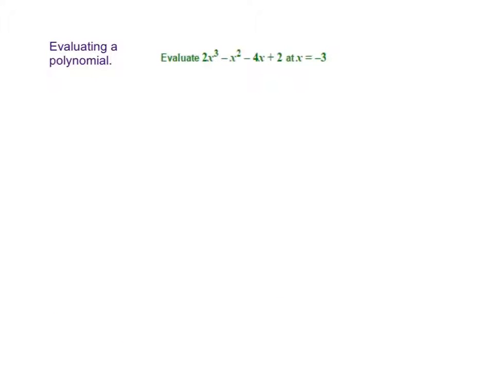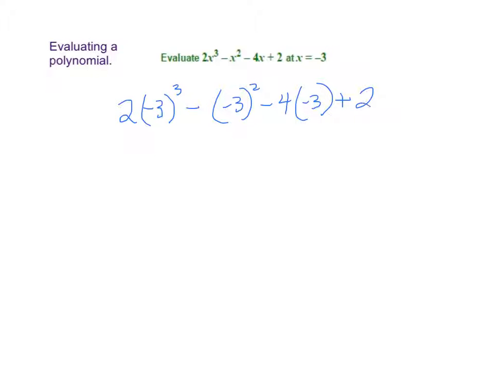To evaluate a polynomial just means plug it in and solve. That's really all it is. So if we did this one right here, we would have 2, and then where the variable is, I'm going to put negative 3 to the 3rd minus negative 3 squared minus 4 times negative 3 plus 2. And then you evaluate.